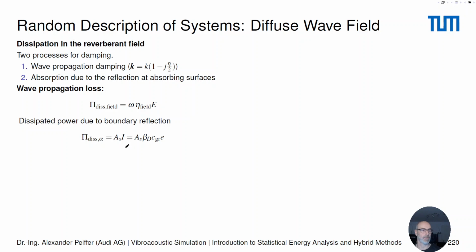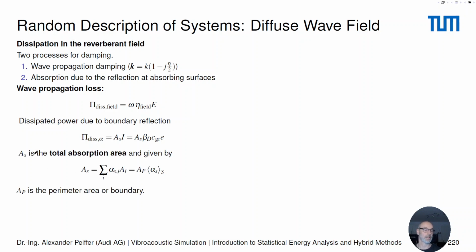And the power that is dissipated due to boundary reflection is quite easy. This is the intensity multiplied by the absorption area. And this is very important because here our constant beta comes into play, which depends on the dimension.